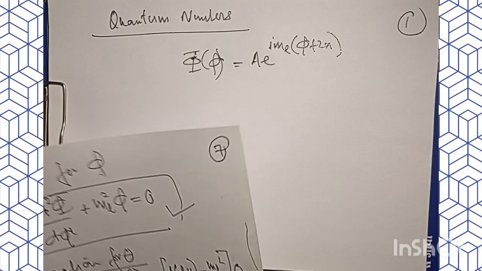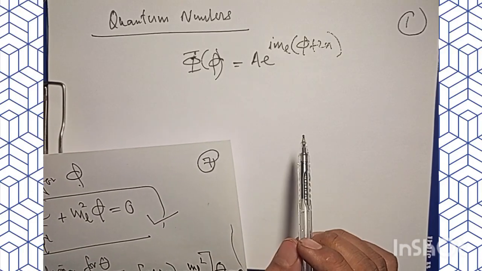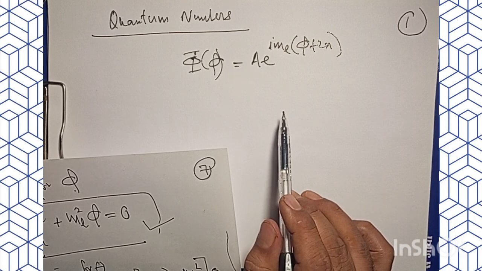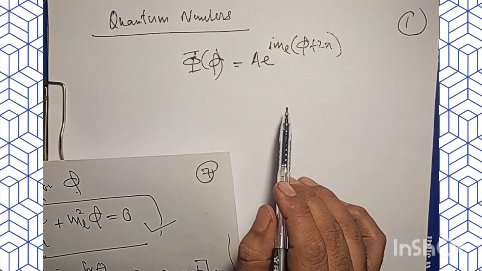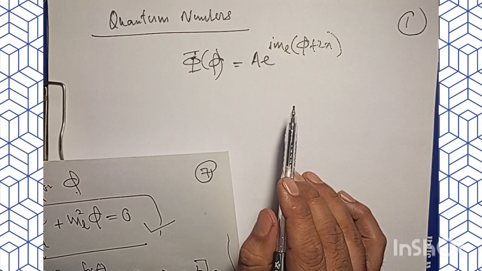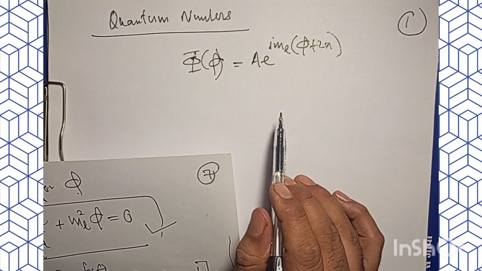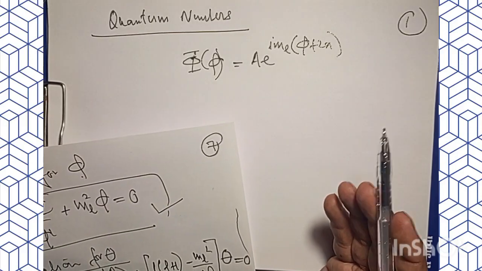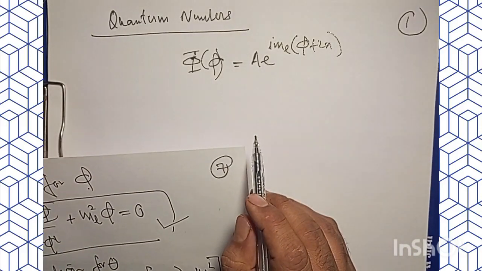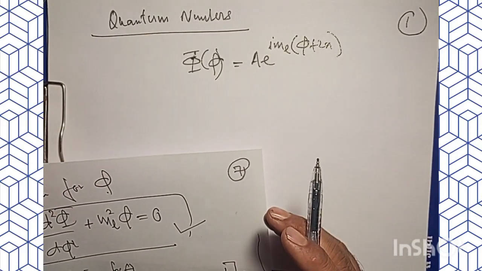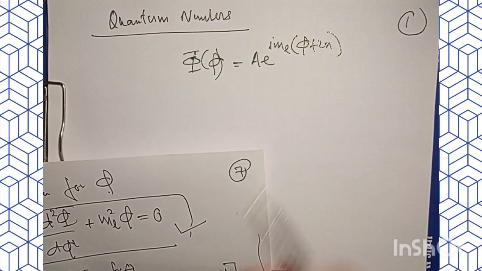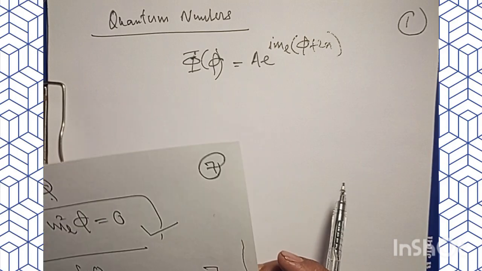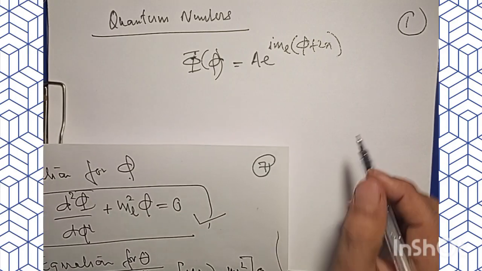And we can see the condition that the wave function obeys, and hence phi, which is a component of the complete wave function psi, must obey the same set of conditions that are obeyed by the wave function psi.